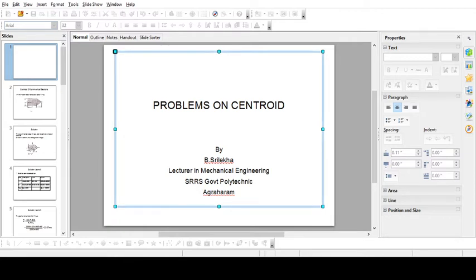Now A1, A2 and A3 are the areas, and X1, X2 and X3 are the distances from the y-axis to the centroids of each section. Now we have to calculate all those from the given tabular column.